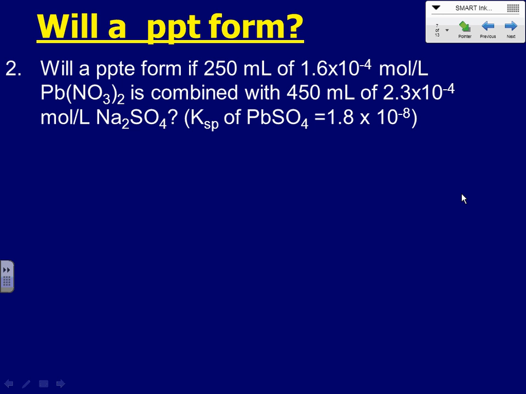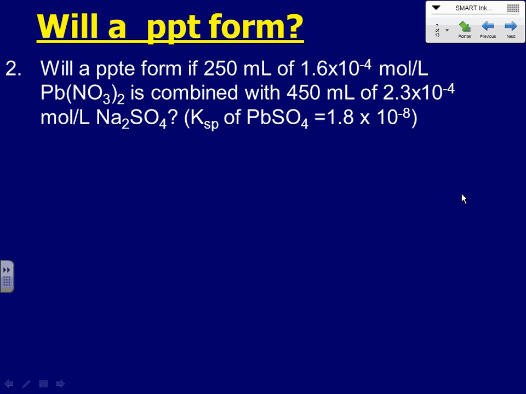Without writing it down, what are the products going to be when they swap partners? Sodium nitrate as well, right? Remember, sodium is all aqueous and nitrate is all aqueous. They're all very, very soluble.